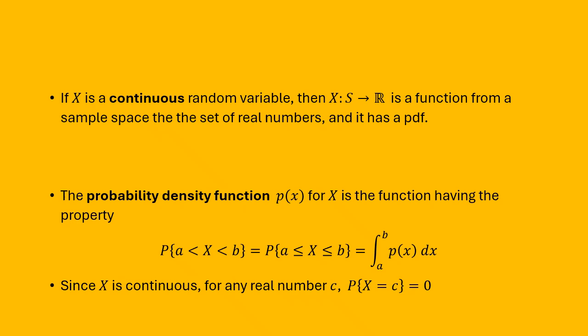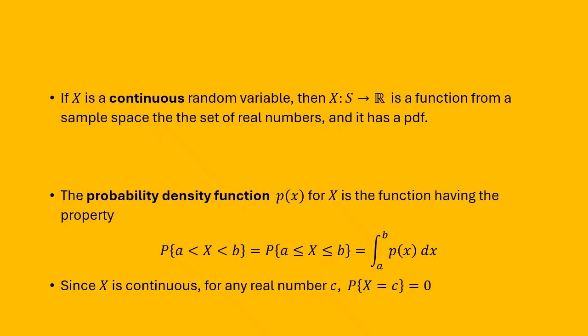For any continuous random variable x, and for any real number c, the probability that x equals precisely that number c is 0. We assign probabilities of 0 to isolated points. An example of this sort of thing would be, suppose you throw a dart at a dartboard and you let x be the distance of the dart in inches from the center of the board.